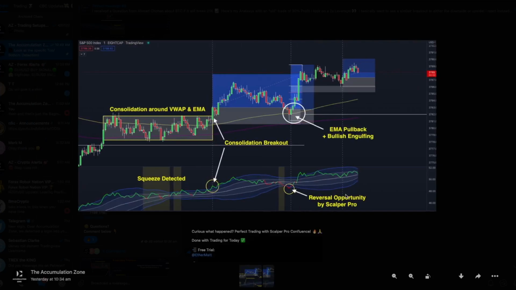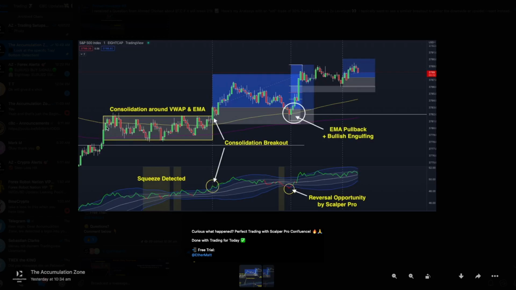And if we have a look at the next picture, we saw, okay, the squeeze was detected, we still had the consolidation around the VWAP and the 144 EMA, and we broke out of the upper scalping bands already, but we had no confirmation on this candle because we didn't break structure yet. That's why I patiently waited for the next breakout that would also be confirmed by the structure here.